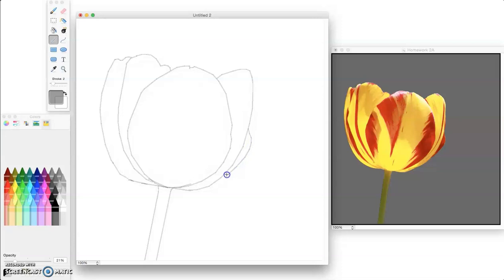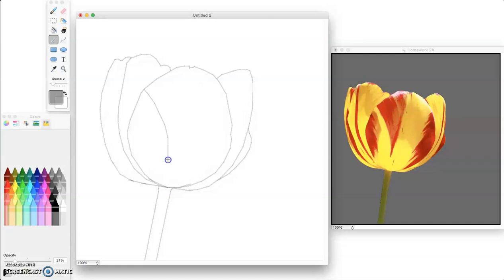Okay. Now again, I'm just going to leave that line. I'm not going to shade in any value to try and say, hey, this is red, or this is darker than the rest of the flower. But now what I'm going to do is start drawing in some of the variegation of red and yellow just with outlines. Now I'm drawing strictly by spatial judgment here.